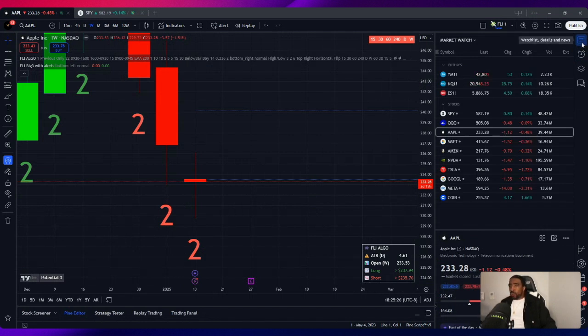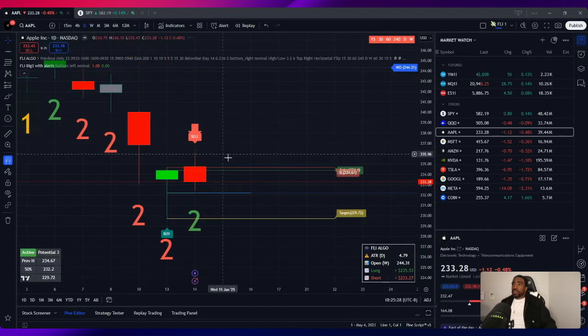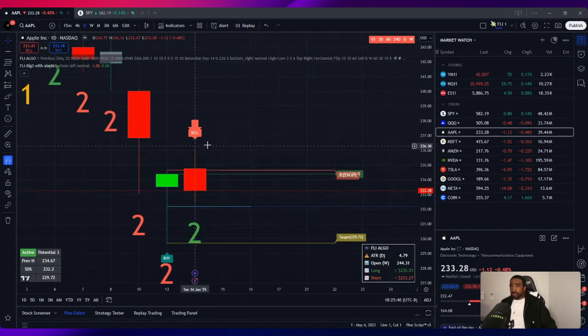I already know where we got to go for the downside to make sense tomorrow on Apple, right? I already know that we got to stay below that week open, right?